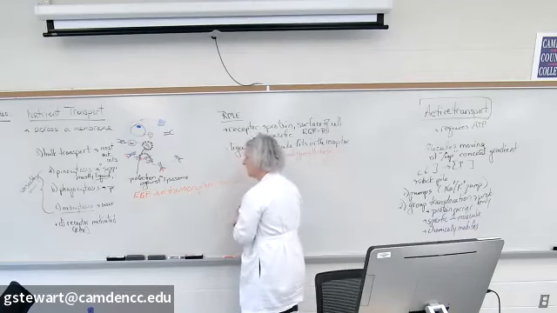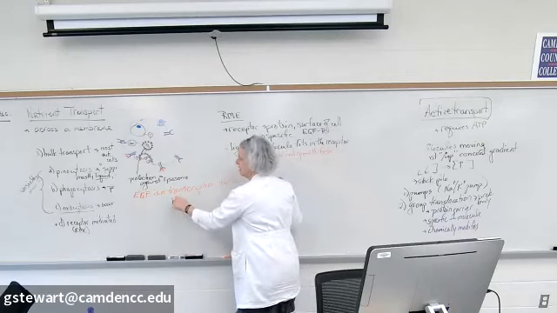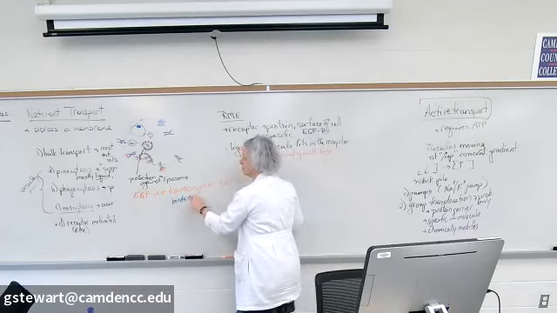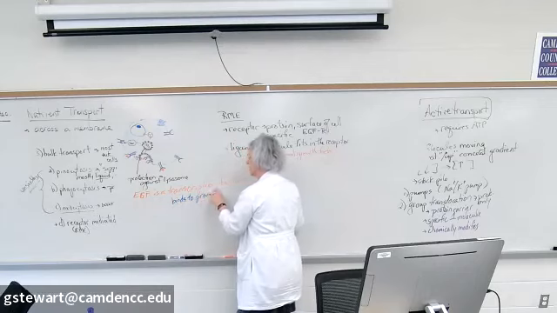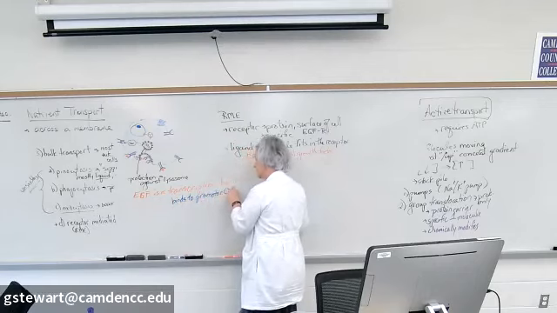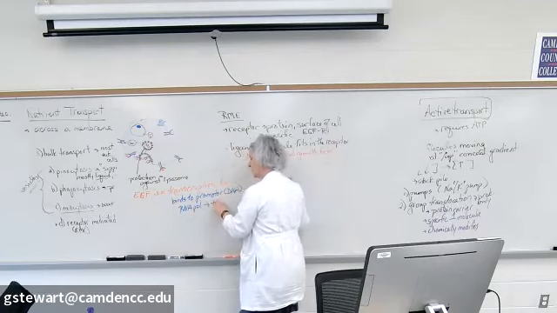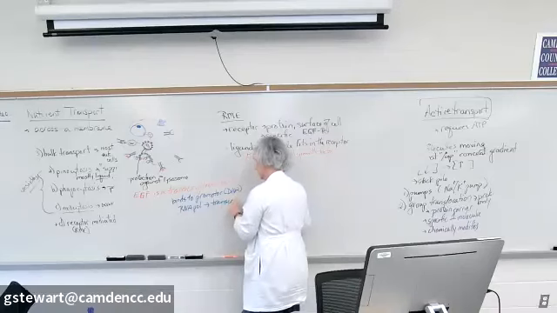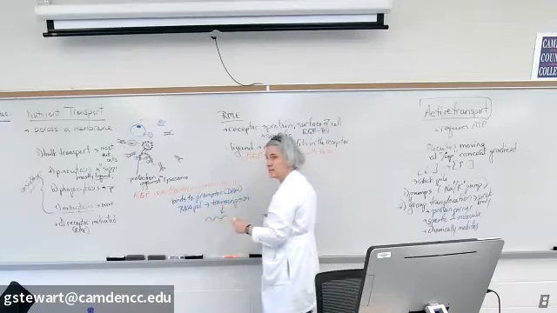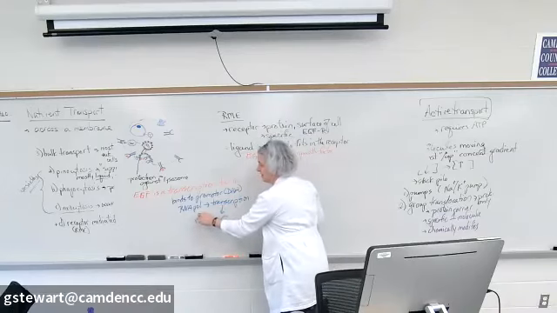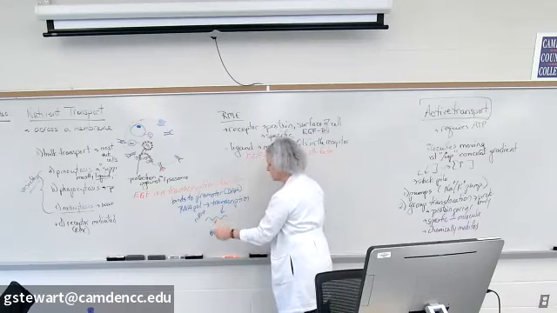So what it does is it binds to the promoter, which remember is a particular piece of DNA, to attract RNA polymerase so that transcription can happen. And transcription, remember, is to make messenger RNA. And then that messenger RNA is going to be translated into a different protein.